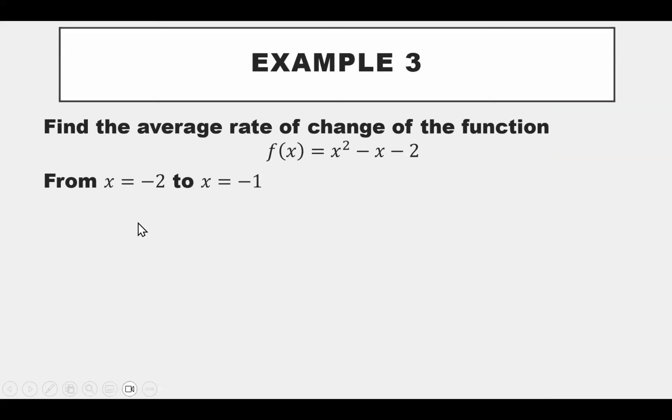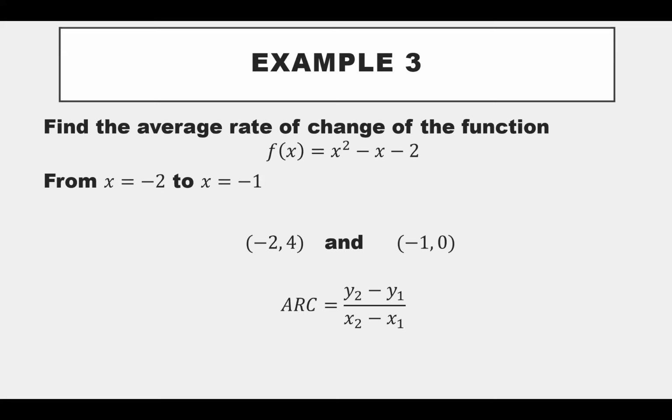Let's do one more example. Find the average rate of change of this function from x equals -2 to x equals -1. When I plug in x is -2, we see that the function goes through the point -2, 4. If I plug in x value of -1, we see that the function goes through the point -1, 0.